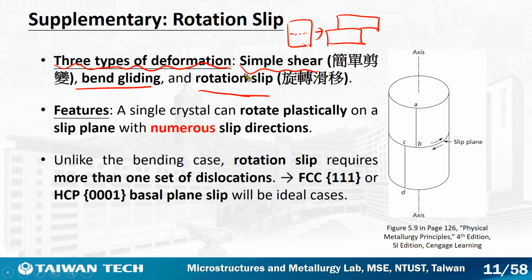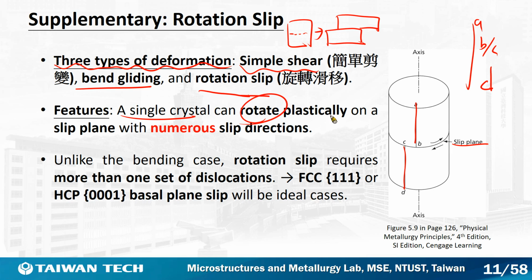And this is about, first, we have a crystal. Originally, we have A, B, C, D. They should be on the same line. But after the rotations, it will separate into two different lines. And this will be on the slip plane. So a single crystal can rotate plastically on a slip plane.